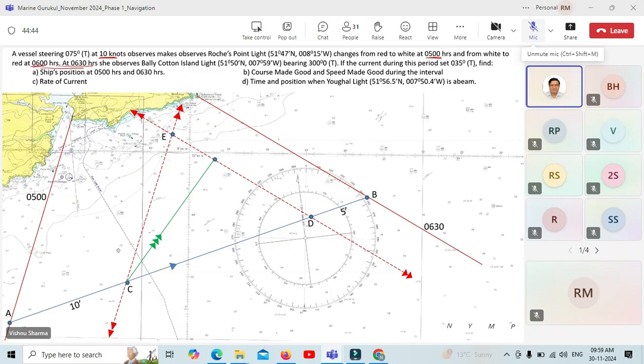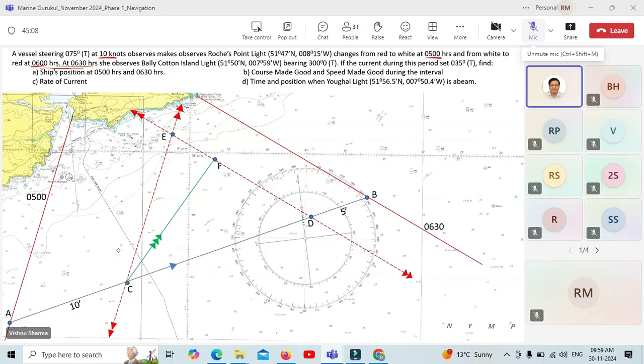We have drawn the current through C and up to what? Up to the third transferred PL. And where it cuts the third transferred PL, we'll call that point F. So please see, have you understood how F has come? Through C, we draw the CTS till it cuts the third transferred PL.